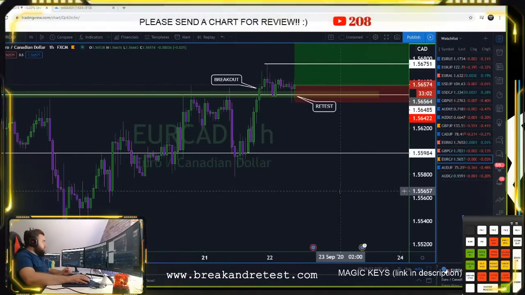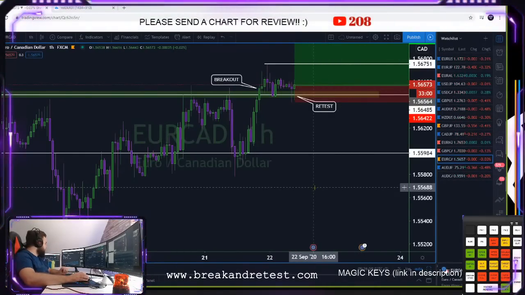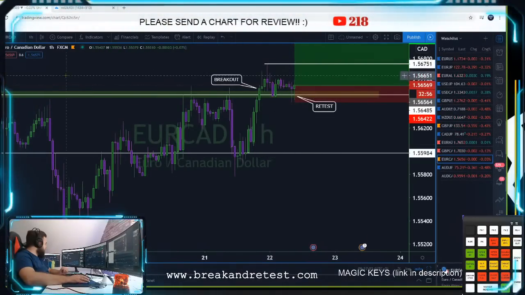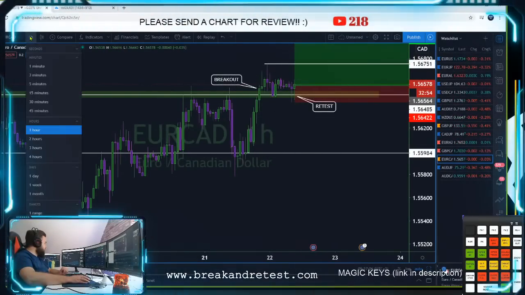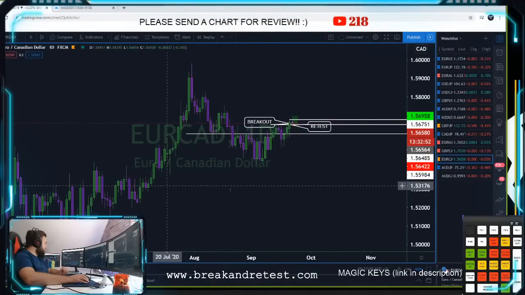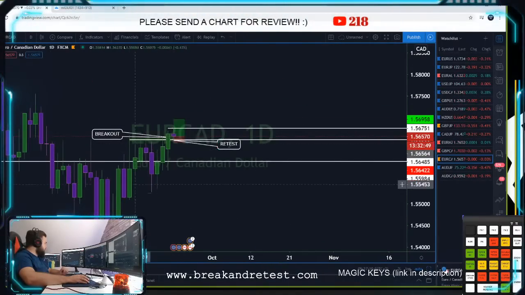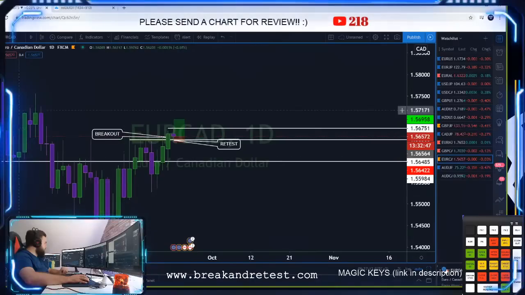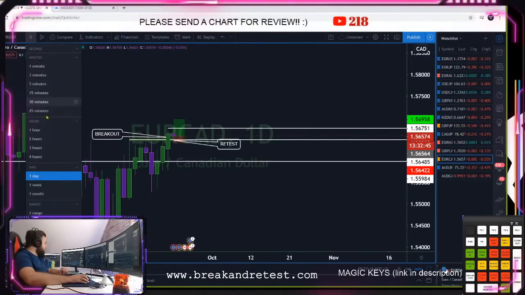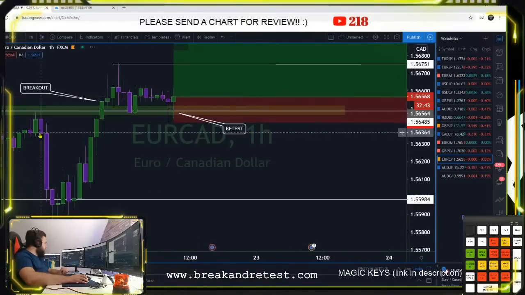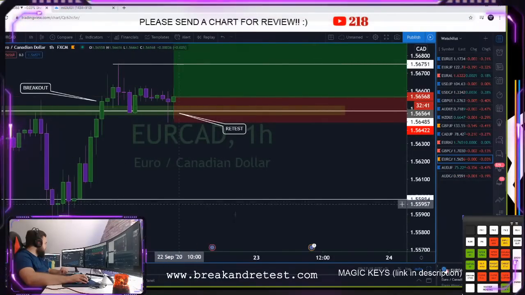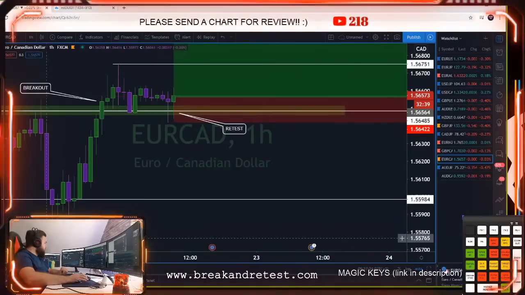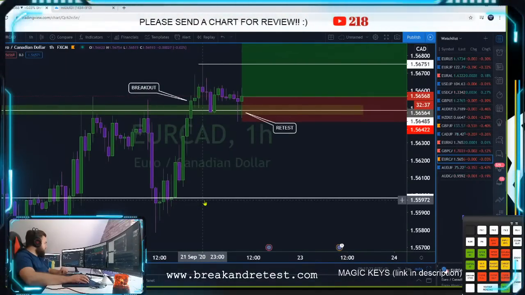Morning. Let's see. In the daily time frame, also break and retest. Yeah, it is. Already did that break and retest. So we need continuation. Only continuation needed.